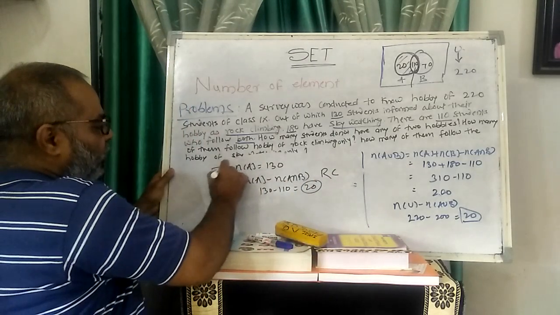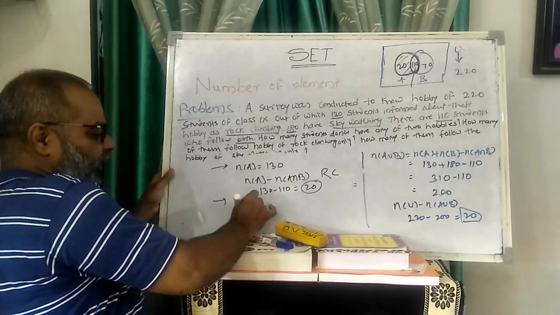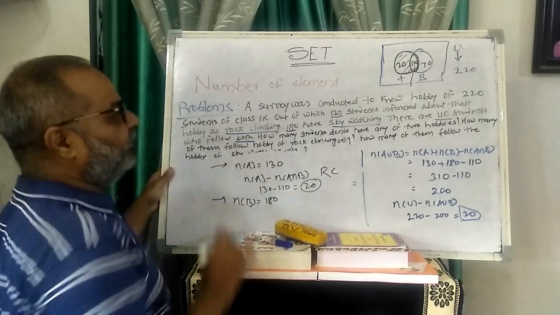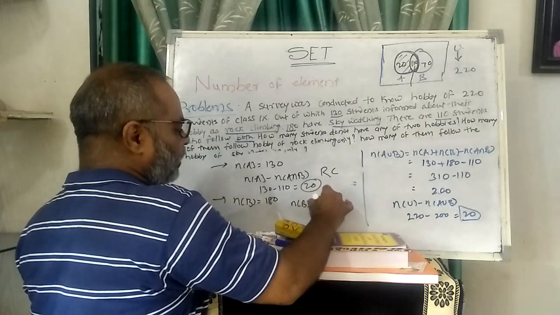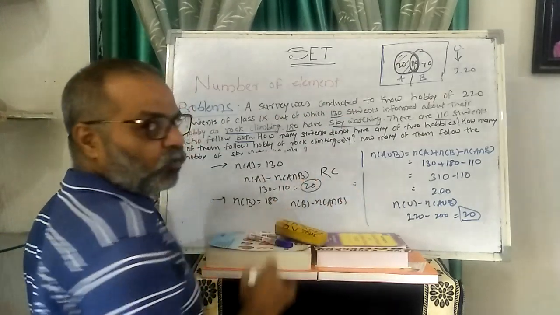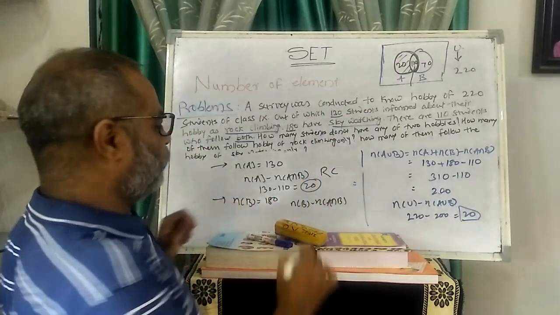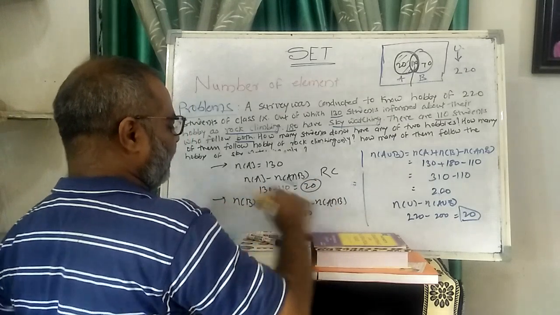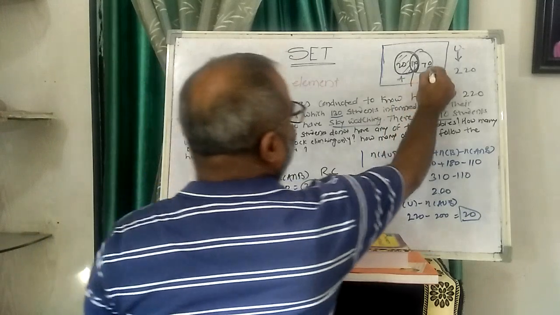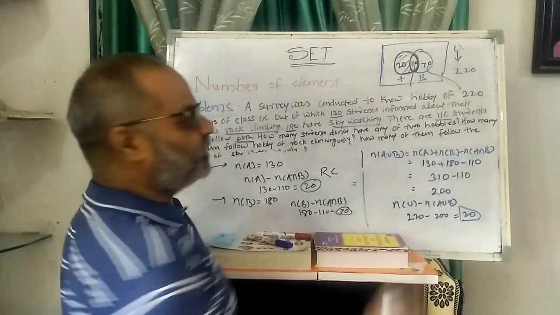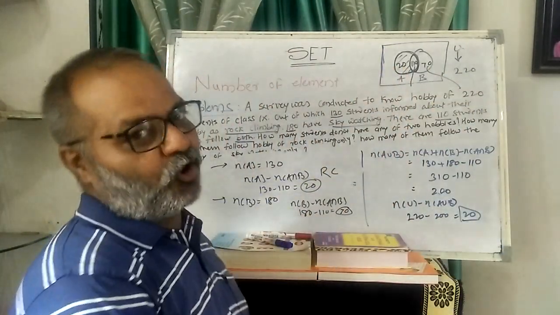In the same way, we find sky watching: N of B is given, that is 180. So we find N of B minus N of A intersection B for only sky watching. Here 180 minus 110, that is 70. So this part is only sky watching, this part is only rock climbing.